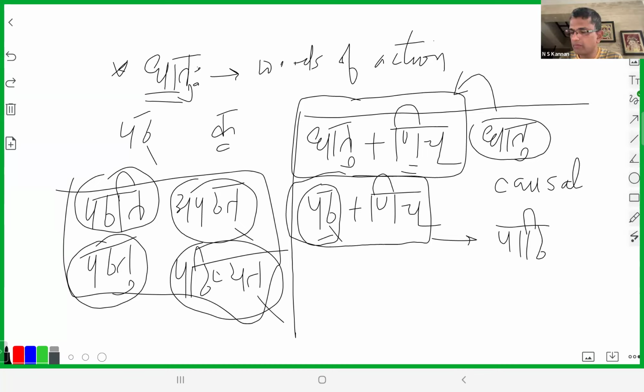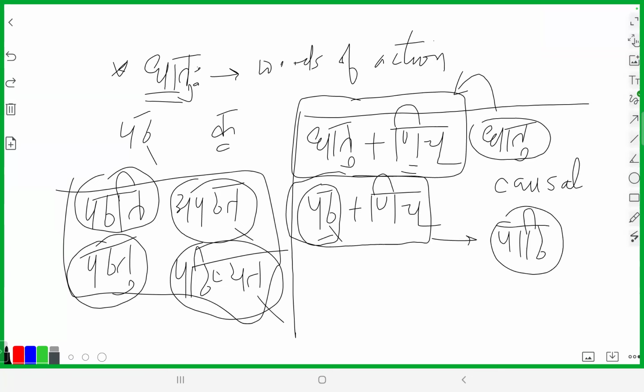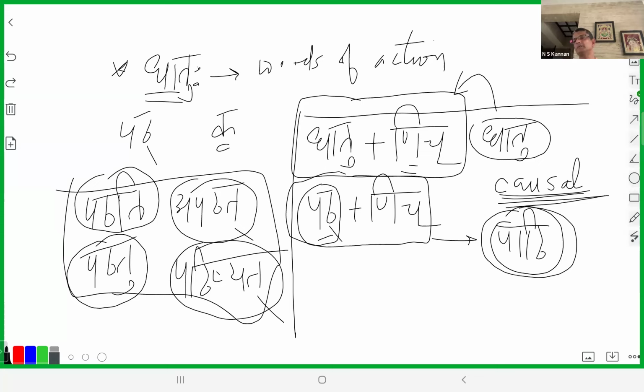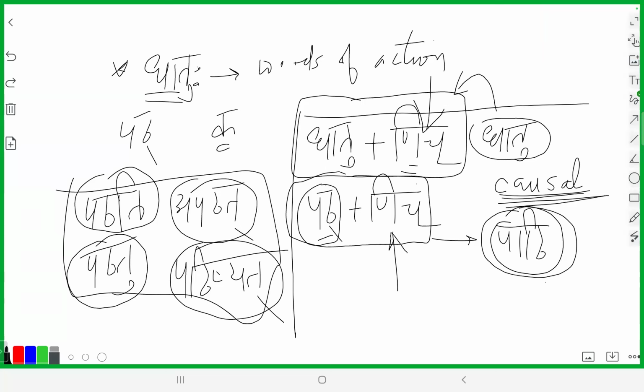This is a new dhatu, and this dhatu means to make someone read. New dhatu, mind you. This is not a noun. This is still a dhatu. So one dhatu giving rise to another dhatu by the addition of a suffix, here in this case, a nich.